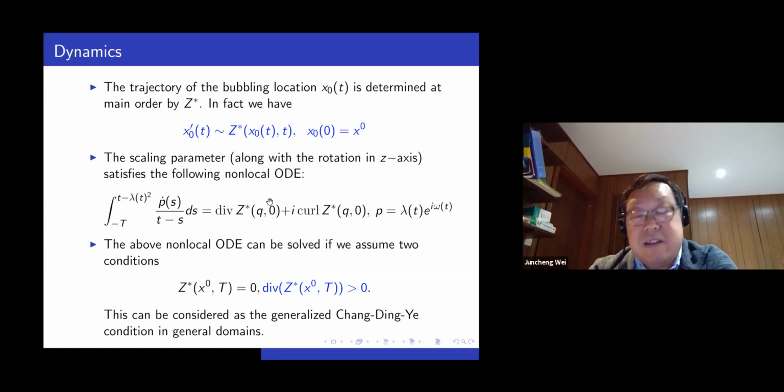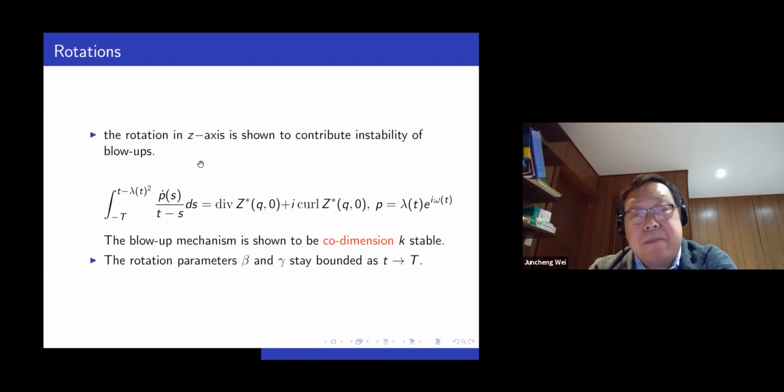This non-local ODE also provides the instability. It is unstable in the rotation direction. That's why the blob in general is not stable, it is co-dimension K stable. If there is one bubble, it is co-dimension 1 stable.